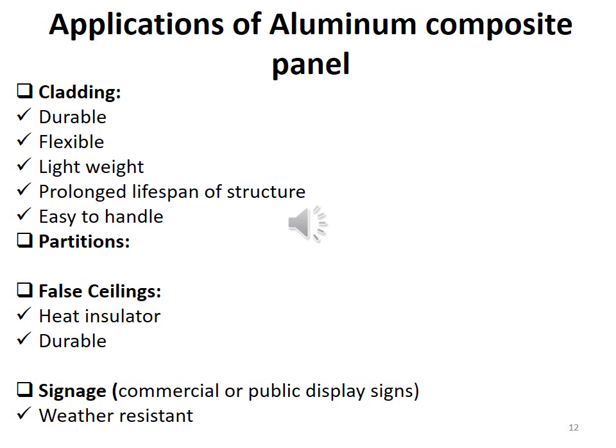False ceiling not only enhances the beauty appeal of the interior design but also helps in controlling the temperature of the building. Aluminum composite panels are ideal for this application because they are comprised of a polyethylene core that acts as a heat proofing agent for regulating the heat.